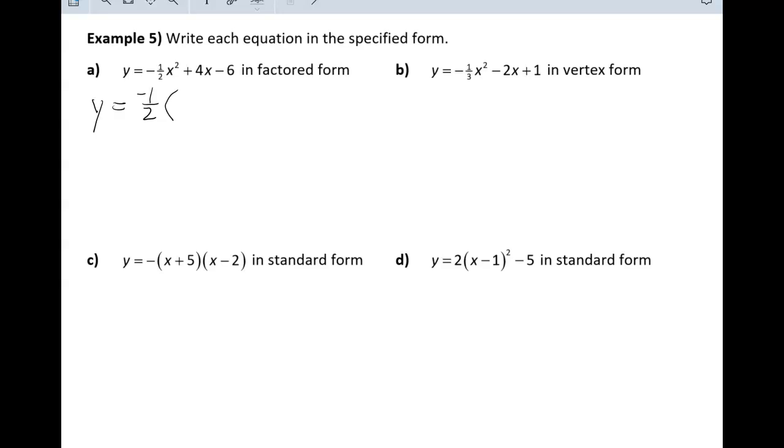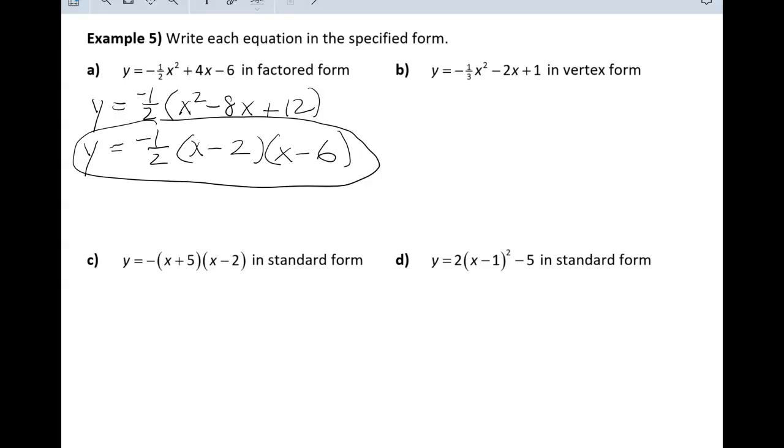So -1/2 times x squared minus 8x, and then that will be plus 12. Remember, when you're factoring out a -1/2, you have to basically multiply all the stuff on the inside by -2. All right, so then we're going to factor x squared minus 8x plus 12. This should be easy factoring. Factors of 12 that add up to -8 are -2 and -6. And then we have this in factored form, and we're done.